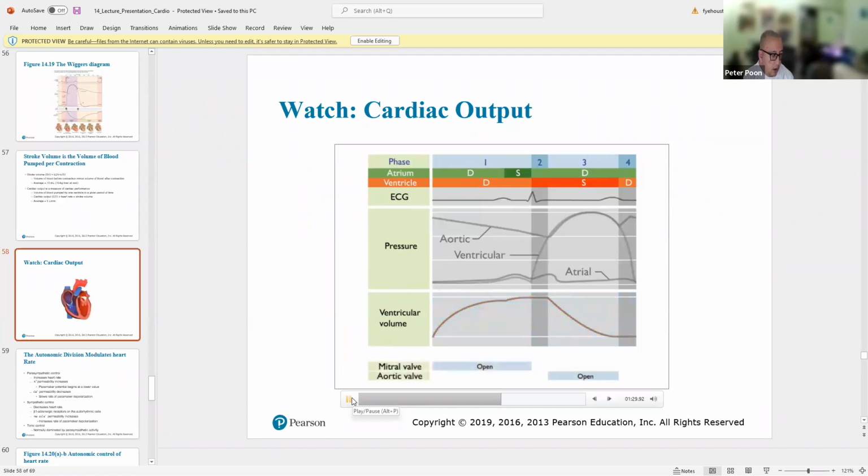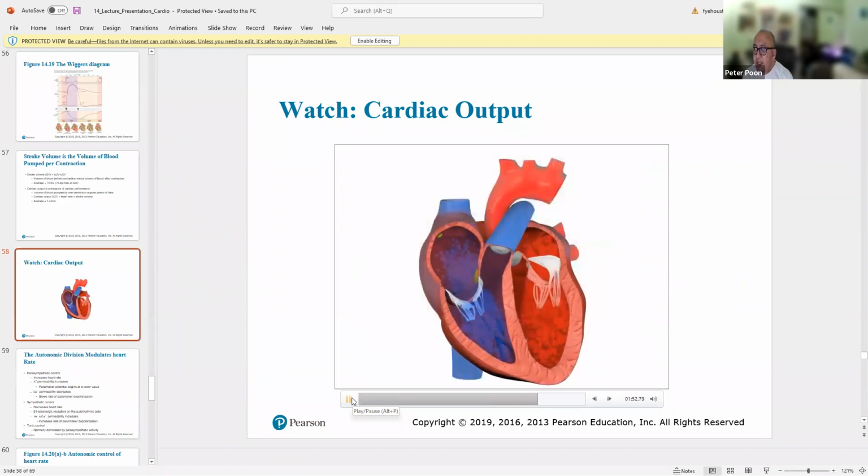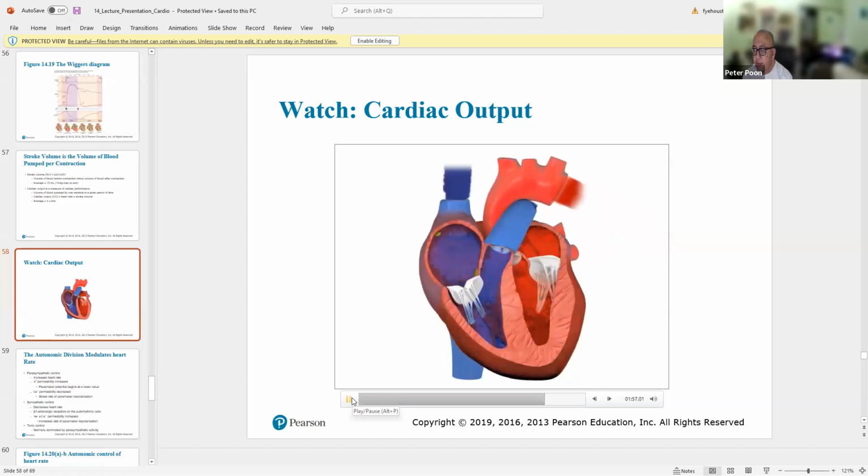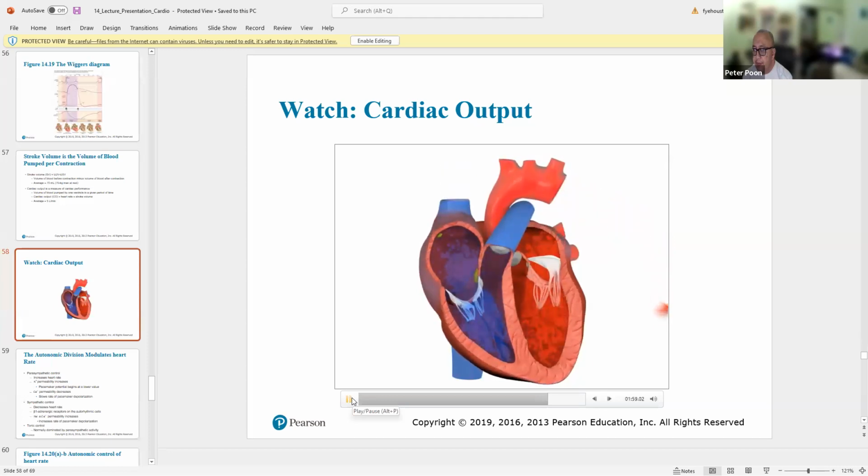The valves of the heart open and close, which ensures that blood can only flow in one direction through the heart. The sounds of the heartbeat are caused by the closing of the AV valves and semilunar valves. For simplicity, these graphs display changes in valve position and pressure associated with the left side of the heart only. But keep in mind, similar patterns would also be occurring simultaneously on the right side of the heart.